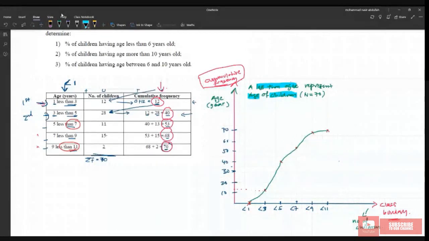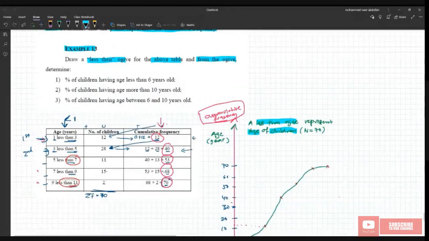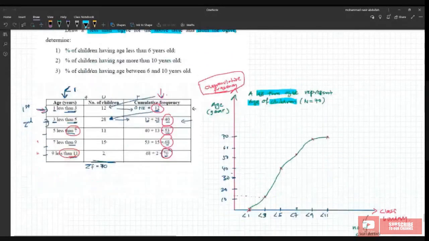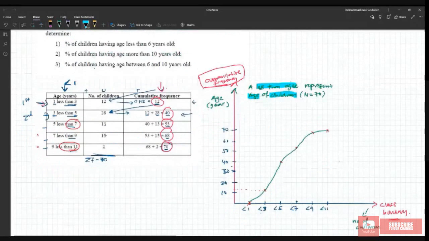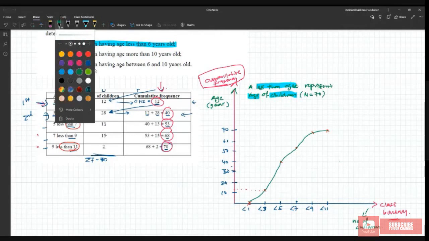So now look at question number 13. Draw a less than ogive for the above data. So we already drew a less than ogive. From the ogive, determine the percentage of children having age less than 6 years old.